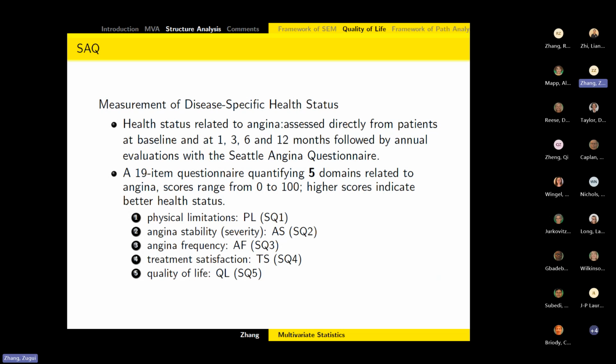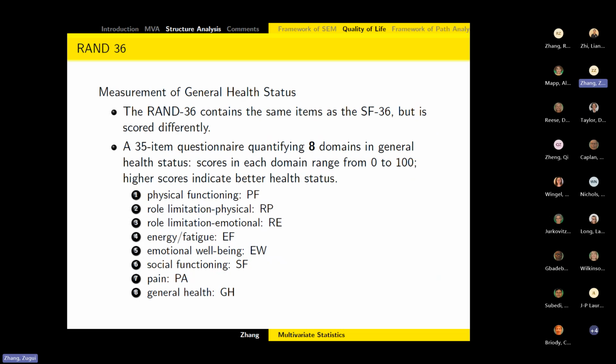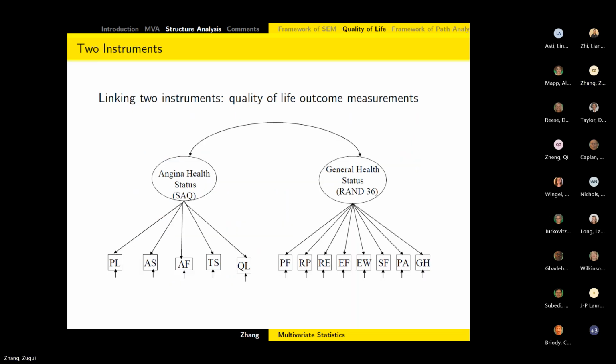We already talked about the Seattle Angina Questionnaire for quality of life. The RAND statistics consist of 8 domains for quality of life: physical functioning, role limitation physical, role limitation emotional, energy fatigue, emotional well-being, social functioning, pain, and general health. So coming together, we have 13 variables to indicate quality of life.